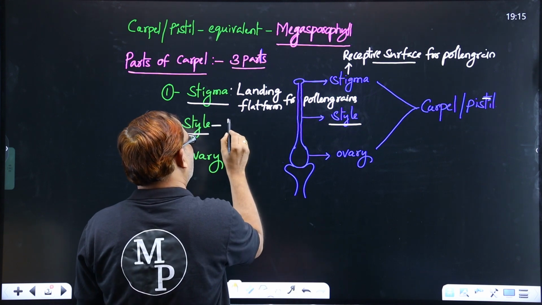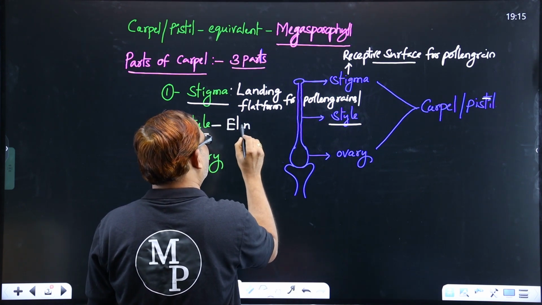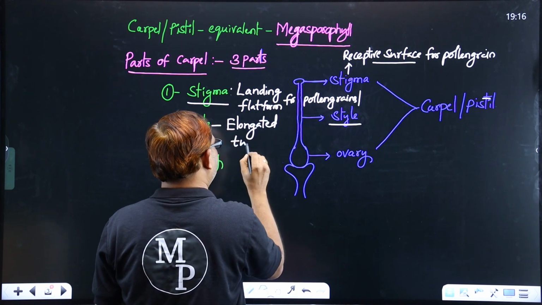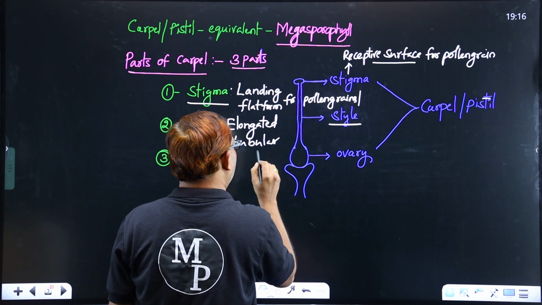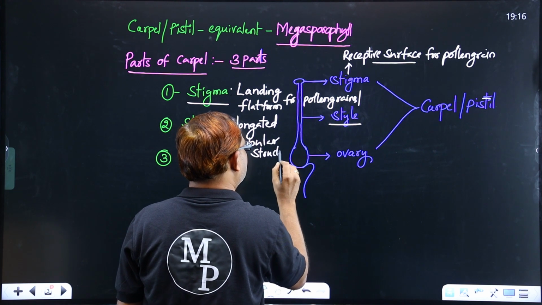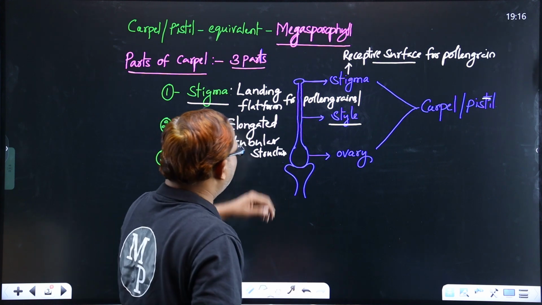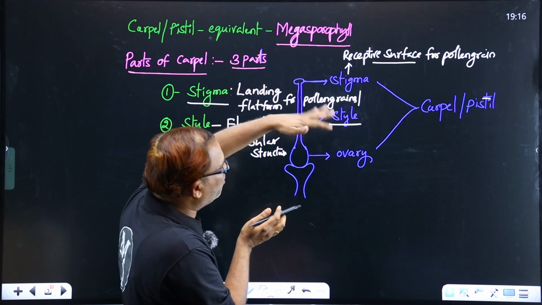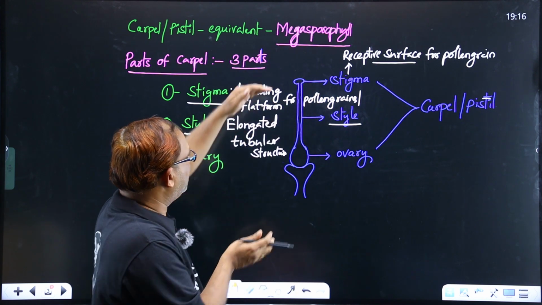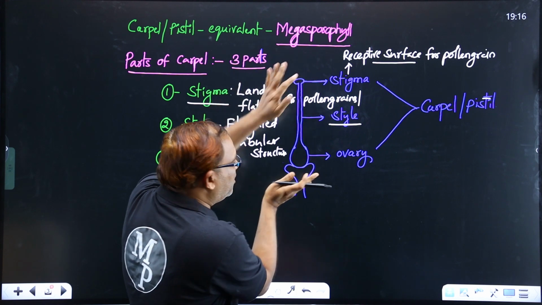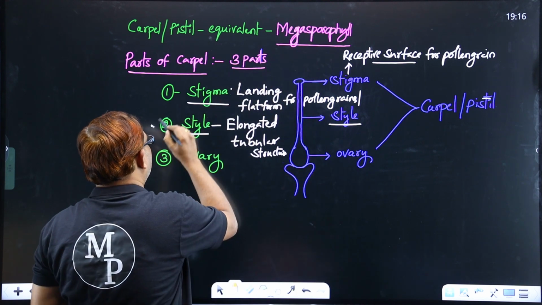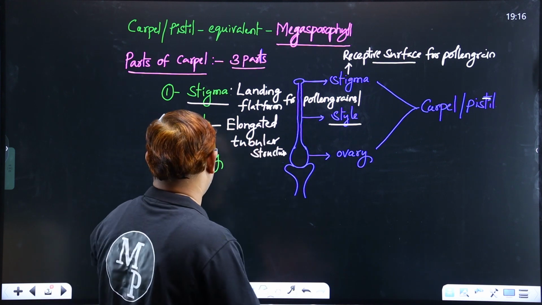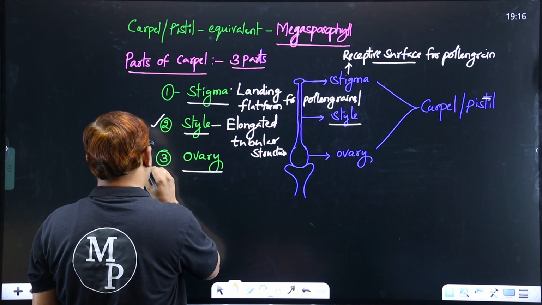This elongated tubular structure is present beneath the stigma, that is, it lies between the stigma and the ovary. So the style, present between the stigma and the ovary portion, appears like an elongated tubular structure. Okay, important.